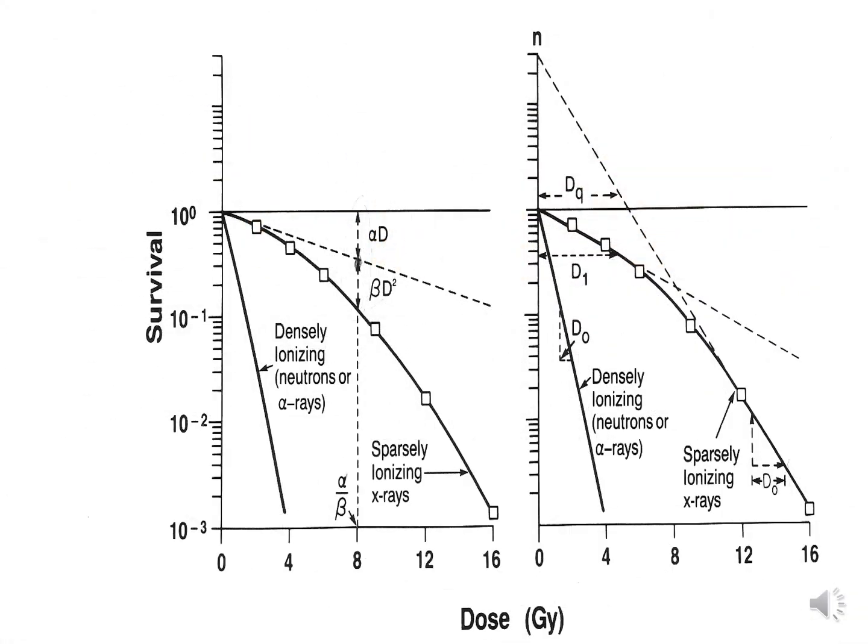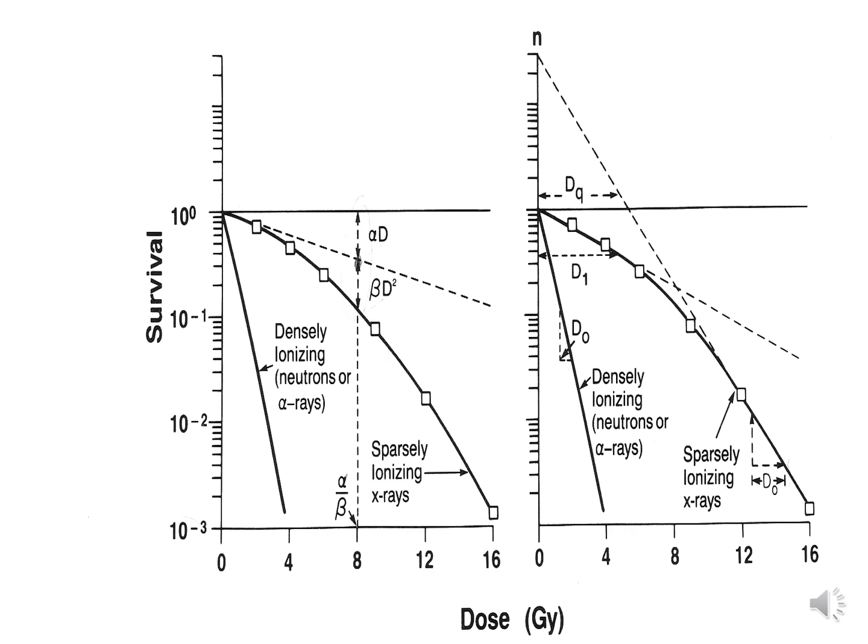The interesting part of the cell survival curve is that whenever we try to create a cell survival curve for different types of tissue, they have a common shape, a shape that has an initial straight part and then starts to bend.